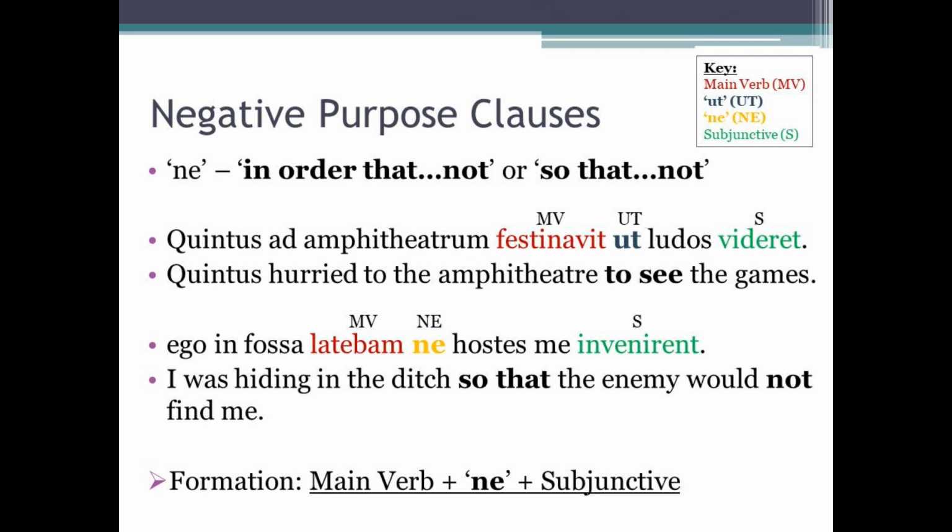This is a negative purpose clause with ne, meaning I was hiding in the ditch so that the enemy would not find me. Just to reiterate, a negative purpose clause is formed with a main verb plus ne plus a subjunctive, and ne is translated as so that not.